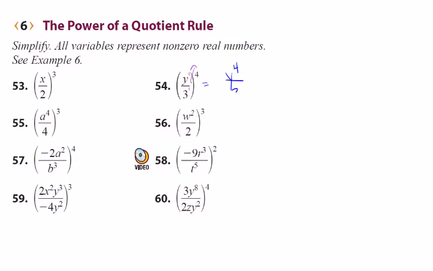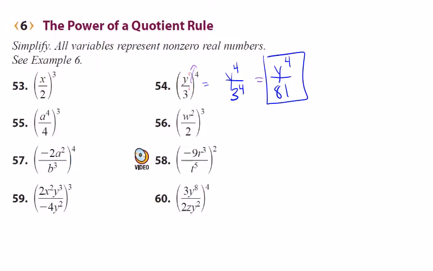On the bottom I get 3, and then 4 times 1 is 4. Right? And so that's basically it. That's the power of a quotient rule. We still have some more work to do on this one, right? 3 to the 4th we can simplify. So 3 to the 4th is 81. And so that's our final answer.